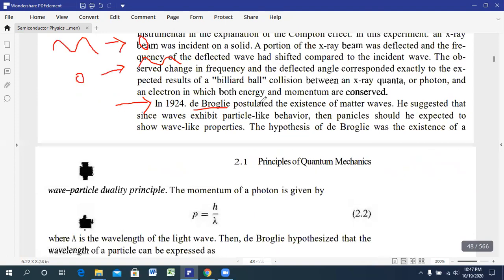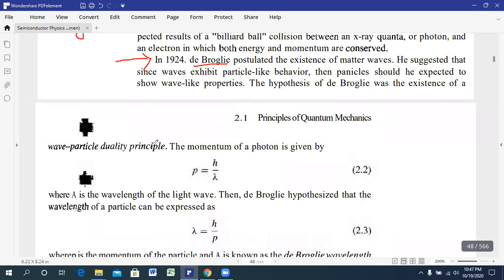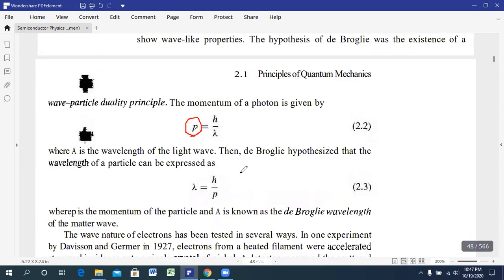In de Broglie's wave particle duality, the momentum of the photon is defined as p equals h divided by lambda. The momentum of this photon can be explained by this formula, the de Broglie formula, where lambda is the wavelength.